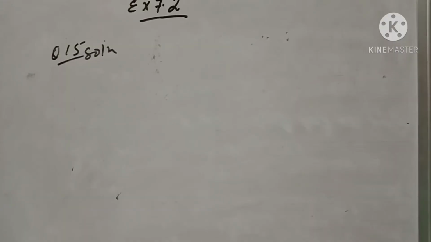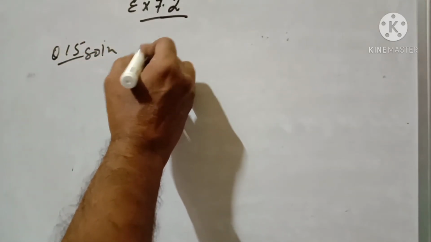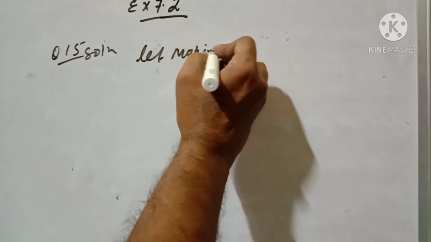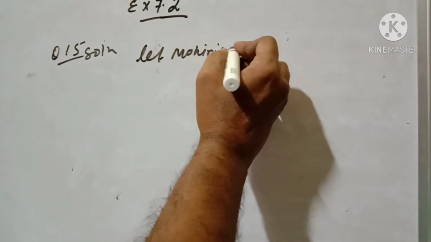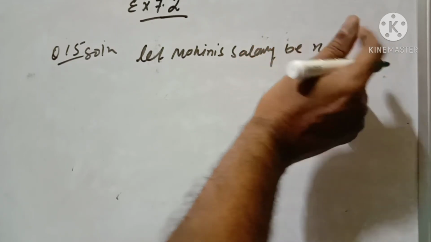Question number 15. It is given Mohini saved rupees 400 from her salary. If this is 10% of her salary, then what is her salary? First of all, we can consider, let Mohini's salary be X. I am just considering.